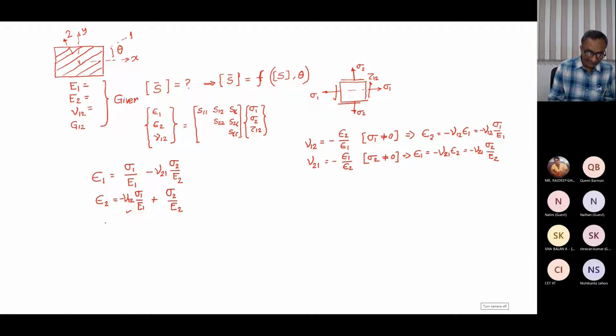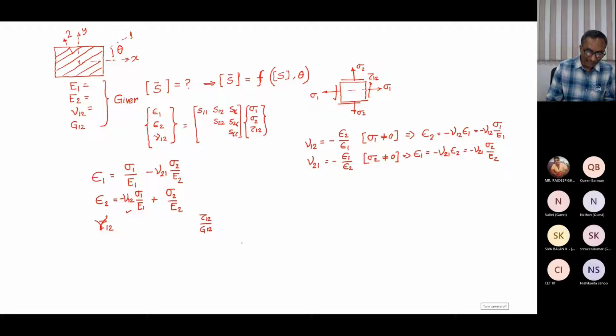Okay, and then in an orthotropic lamina, there is no extension shear coupling. So shear strain gamma 1 2 is equal to tau 1 2 by G 1 2.